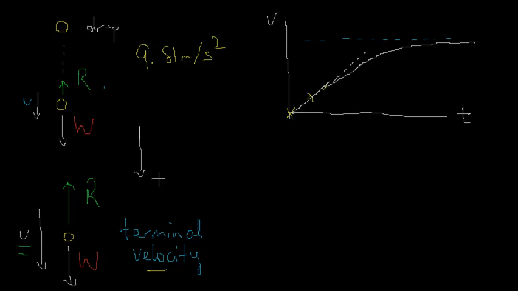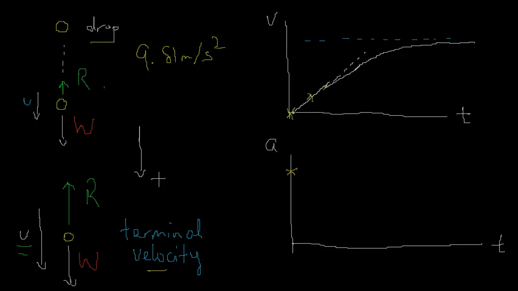Now next, let me try and catch the acceleration time graph. So that's my a-t graph, and we go back to the start when time is 0. When I just drop the ball, there's no air resistance. Air resistance only happens because of the motion, because of the velocity.